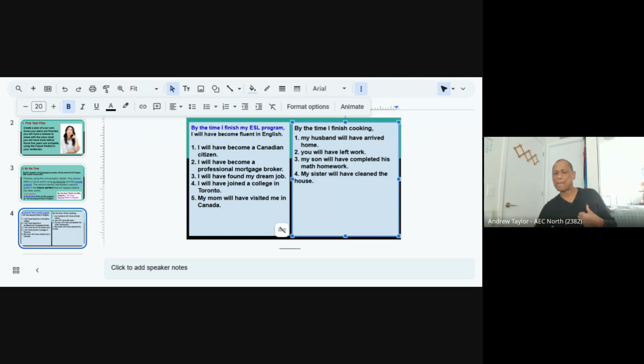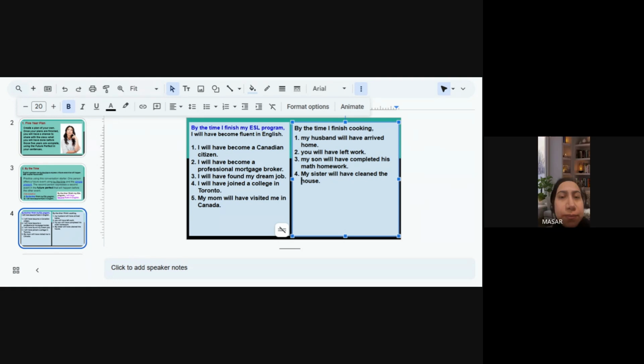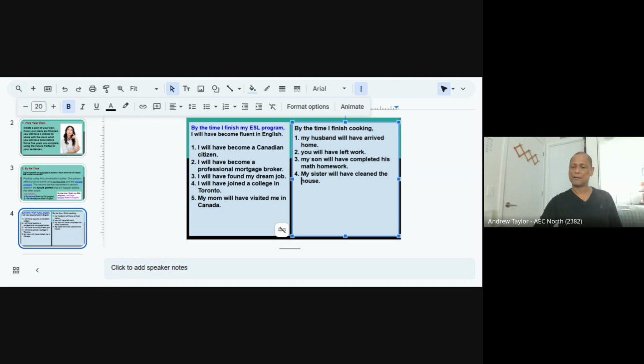Good. Masar, let me check the message of your sentence. Everybody, when I talk to somebody, please focus. Masar, does it mean that while you are cooking, your sister is cleaning? Yes. Very good. Your sister is also cleaning while you're cooking.